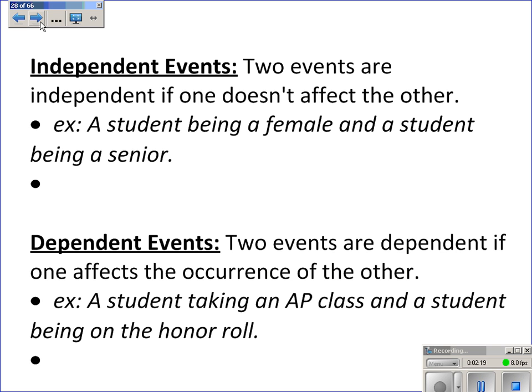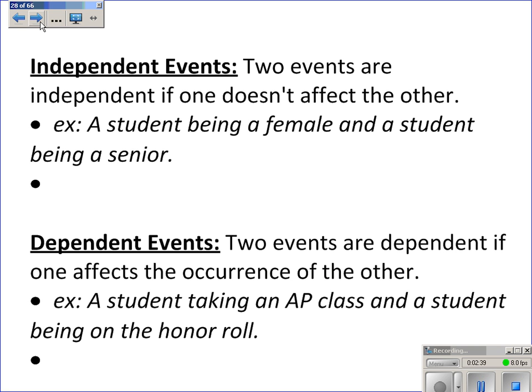Before we jump into an actual formal formula, let's talk about what an independent event is. Two events are independent if one doesn't affect the other. For example, a student being female and a student being a senior should be independent events.